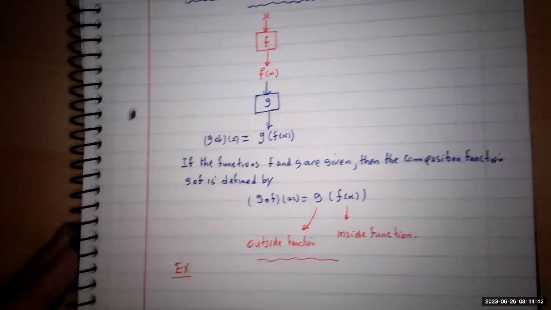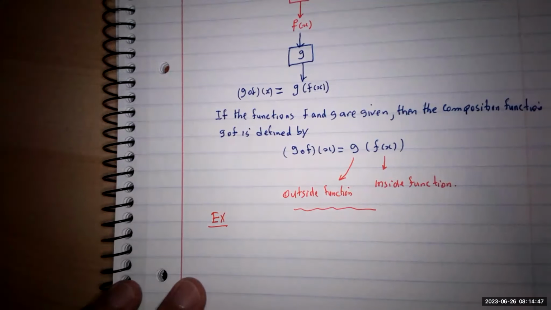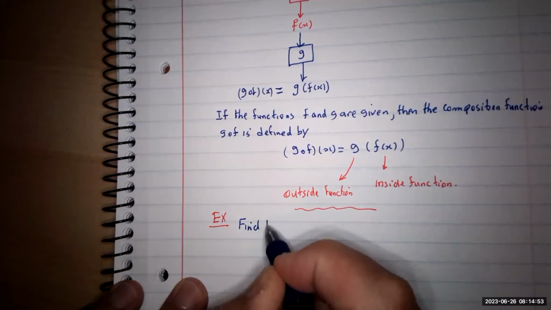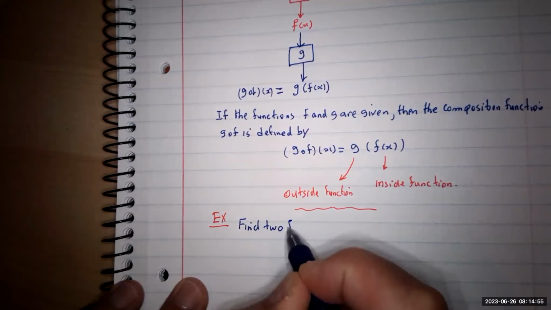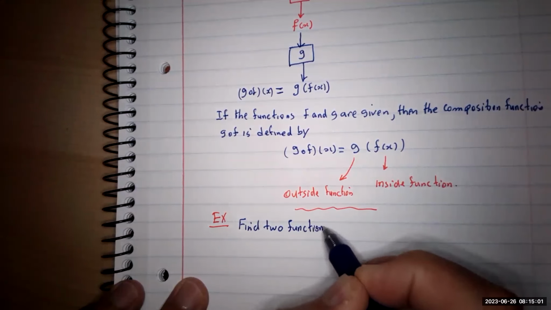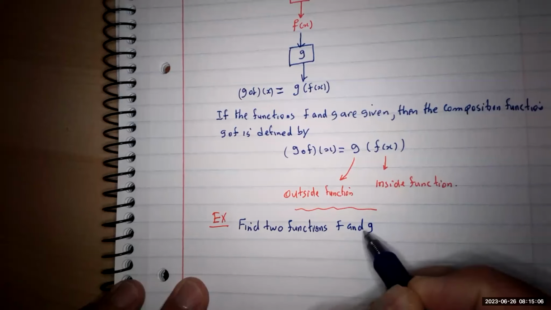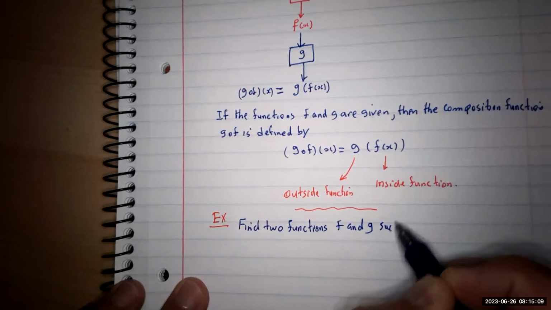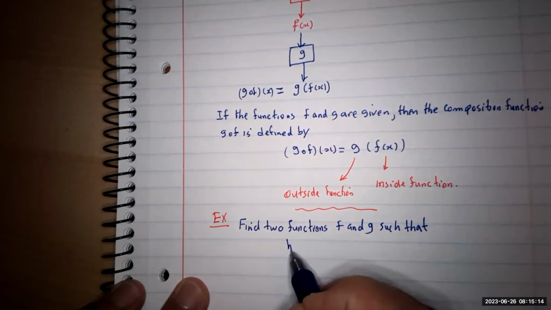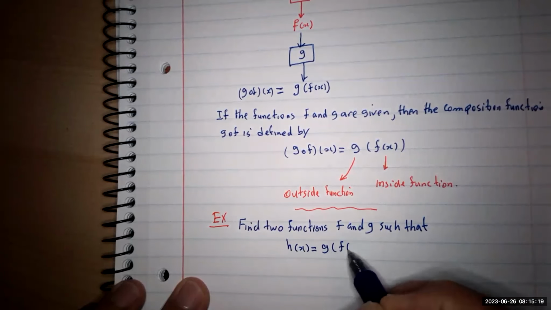Example: I would like you to find two functions, f and g, such that h of x, which is the name of the function, is going to be g of f of x.